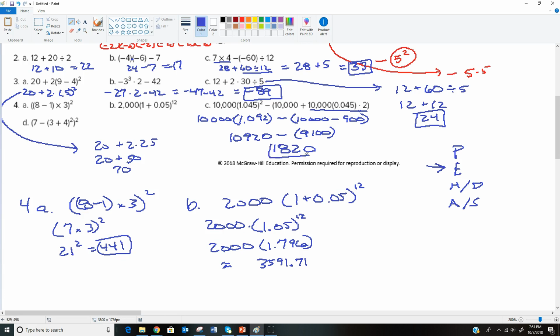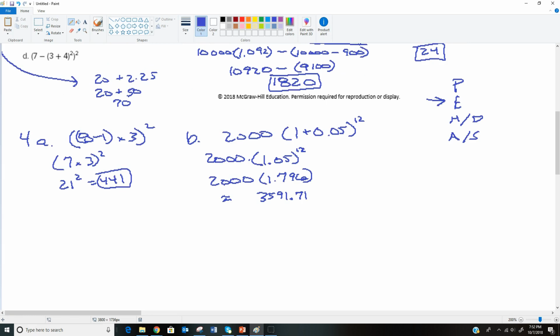So 4C is 1,820. And then last but not least, sorry, I kind of got all over the page here on this one. I'm going to go down here. We've got 7 minus 3 plus 4 squared. And then that's an inner parentheses. And then on the outside of that parentheses, we've got another square. So we're going to work on the inside first.